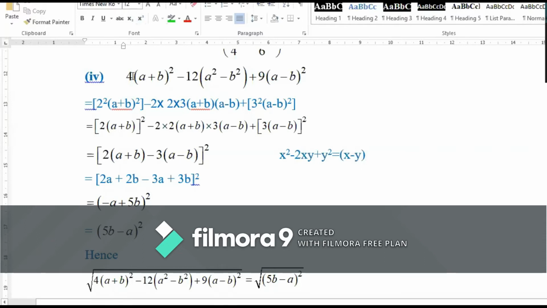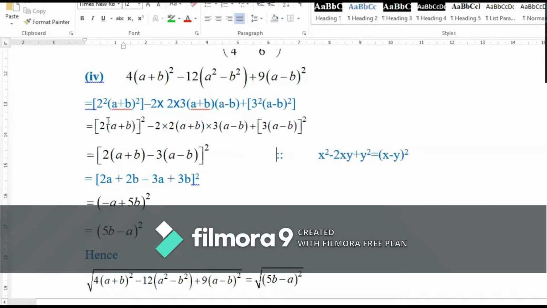Because the question is already in the form of a's and b's, I have written the reference as x and y just to give you some idea, as a reference of the x square minus 2xy plus y square form.